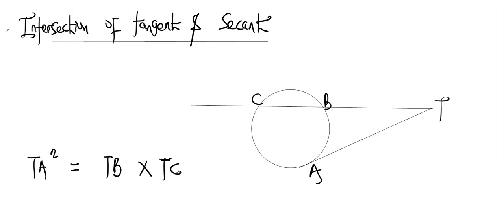So let's take note of the formula. Distance from T to A, we square it, equals distance from T to B multiplied by distance from T to C. That's intersection of tangent and secant.